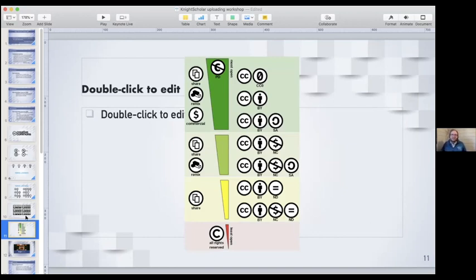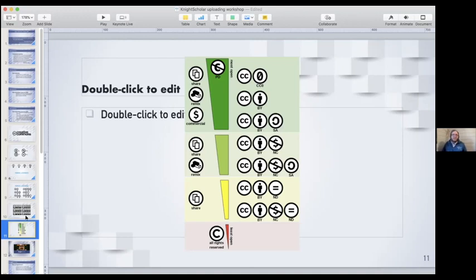So CC0 is saying that you want this to be treated as though it is in the public domain, to being as restrictive as possible, which is copyright, so the least open. Different pieces exist to make these varying degrees of openness, and that's something that we can talk about more later.